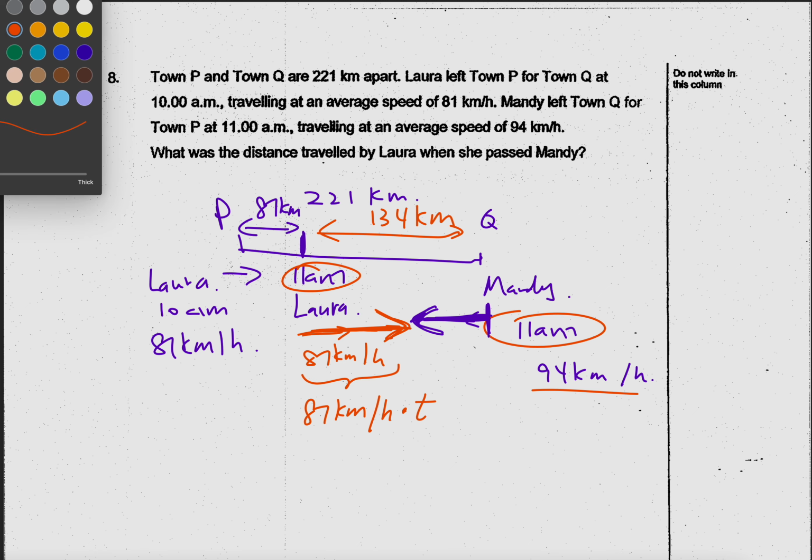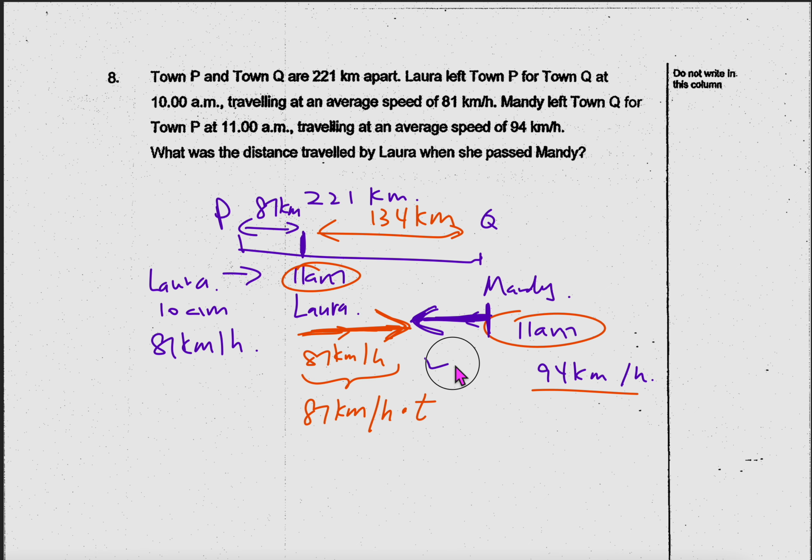So how do you find the distance for this part? It's 94 times t as well, right? Because I don't know the t, but this t should be the same t, because they start from 11, same time, right? That's the key.